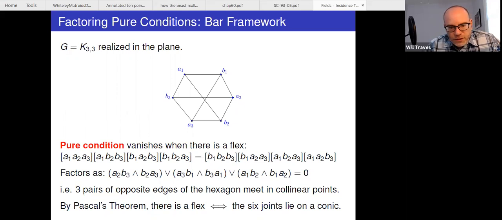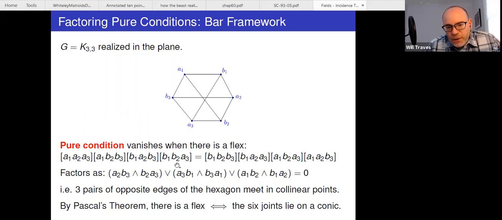And here is the pure condition for K33. So if you want to know if there's a flex for your particular K33, then you evaluate this bracket polynomial and check to see whether you get equality.